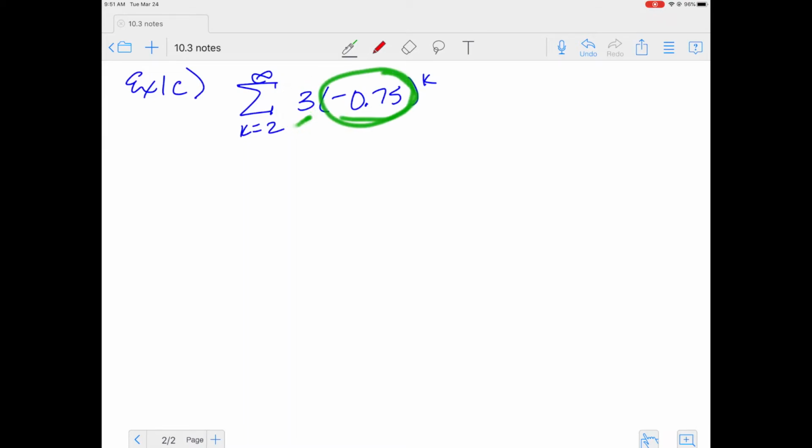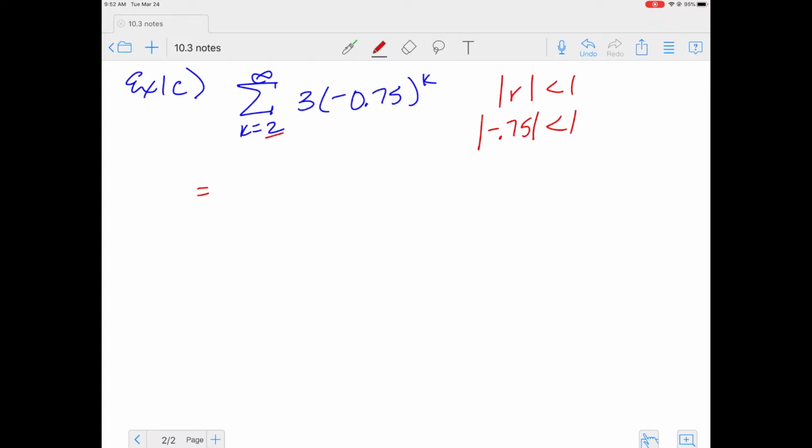Now look here. Before we do any of that business, we have to determine my r value. So I want to look at the absolute value of r has to be less than 1. Well, the absolute value of negative 0.75 is less than 1, so we're good to go. Now I'm going to write the terms out because I want you to see what's going down.